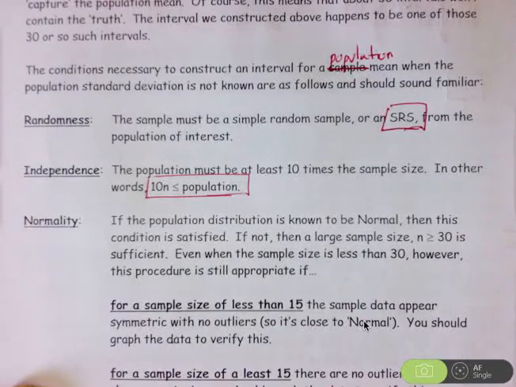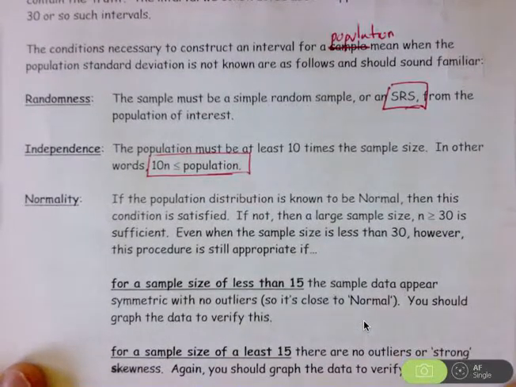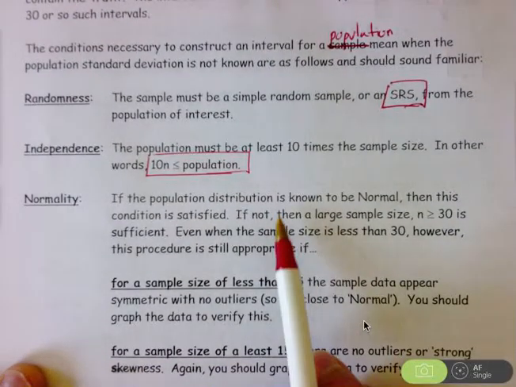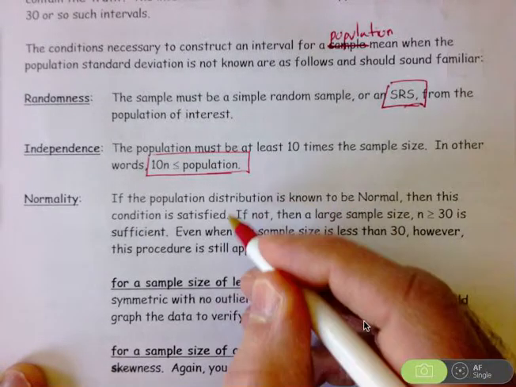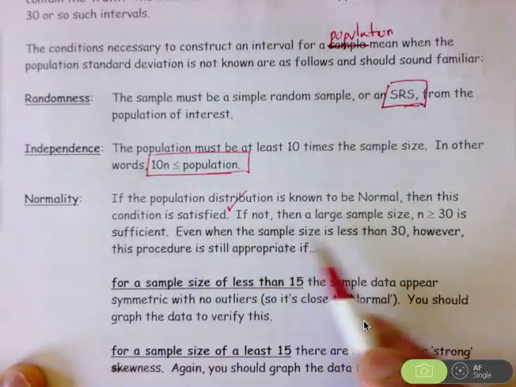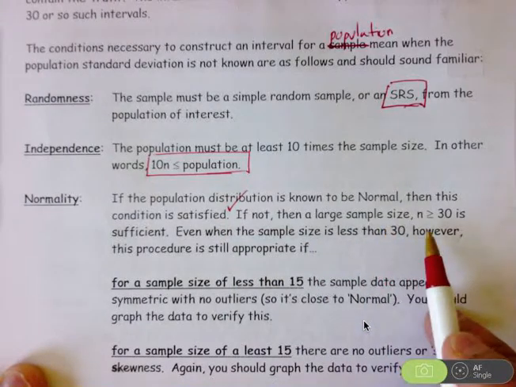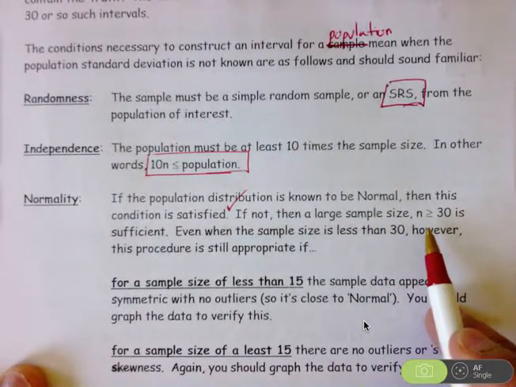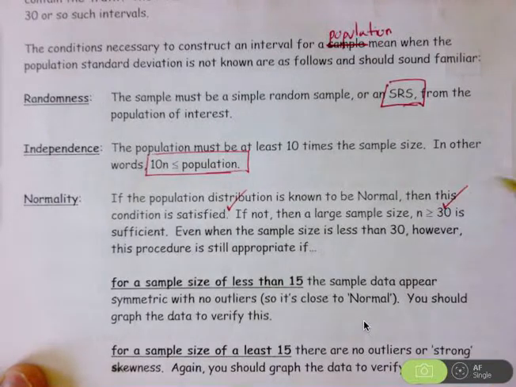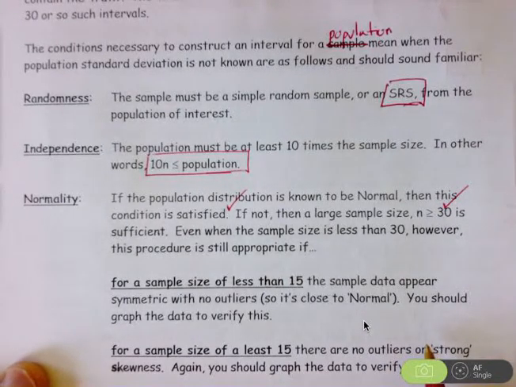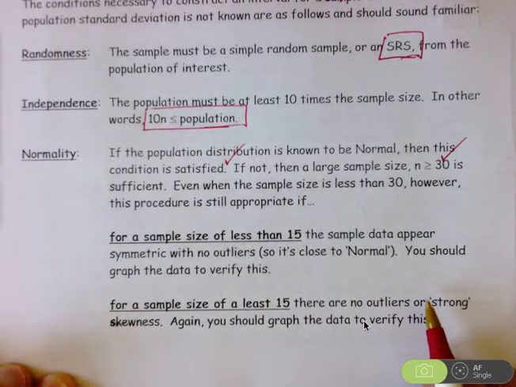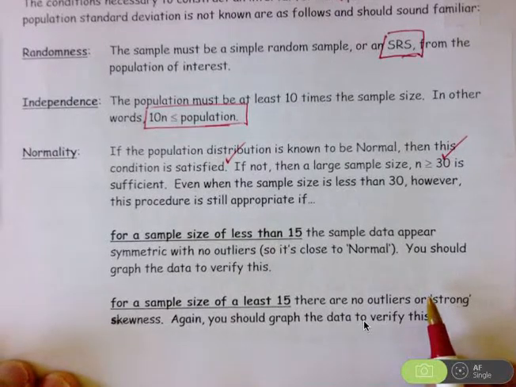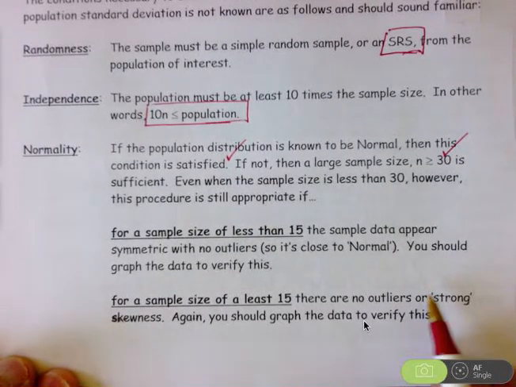And then we also have a normality condition, so remember a couple of things. If the population distribution is known to be normal, then this condition is satisfied, no problem. So if we don't know that, then a sample size that is 30 or more, that will also be sufficient. But something to recognize, even if you don't have a sample size of 30, these procedures using the t critical values can still be used under some additional checks that you want to look for.